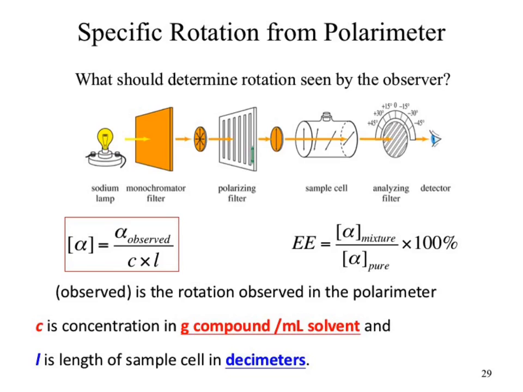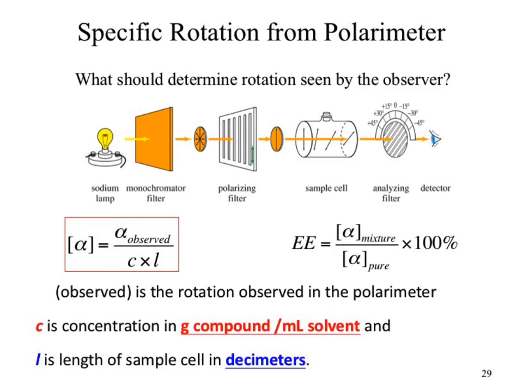Okay? This far left is the specific rotation for your compound. It will be equal to the observed rotation. How far did it actually rotate when we saw the light? Divided by the concentration and the path length. The more path length, the more likely you encounter a compound. So we have to take that into consideration.